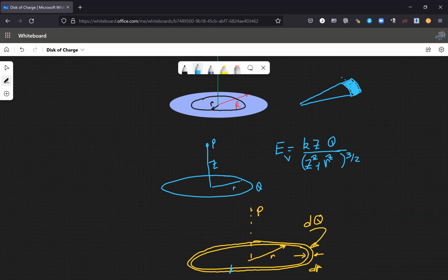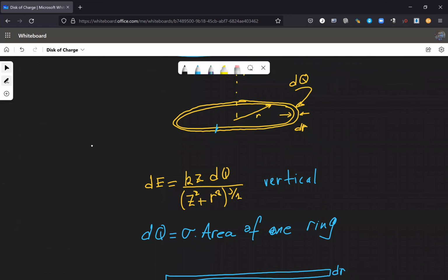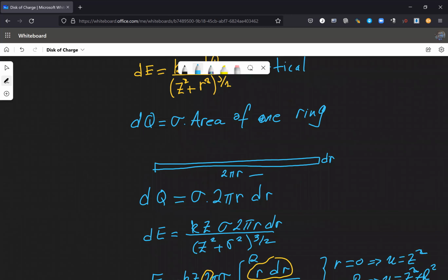And then we integrate this going in a circle, and then we'll integrate this going up. So we'll have a double integral. But as you will see, the angular integral going around the circle will be straightforward. As a matter of fact, that integral will give us this 2 pi r right here. It's just the circumference of that circle.